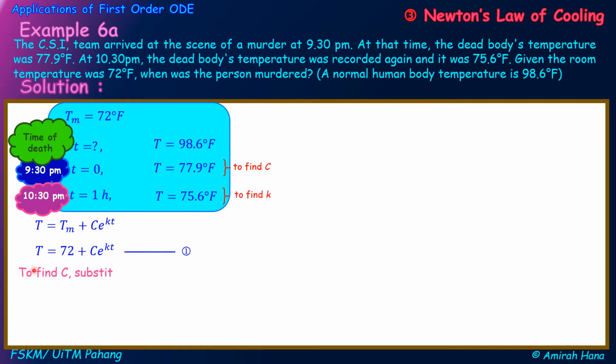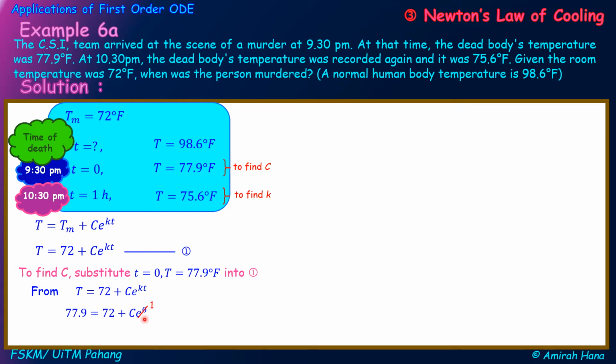To find C, substitute T = 0 and temperature = 77.9 degrees Fahrenheit into equation 1. We replace the temperature with 77.9, and we replace T with 0.